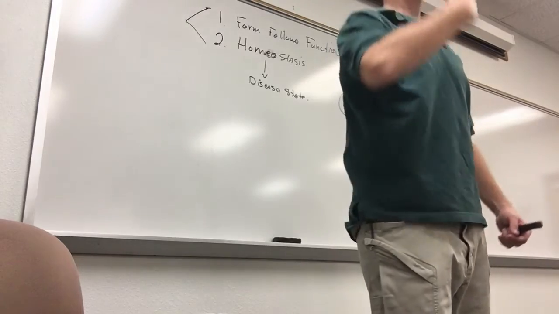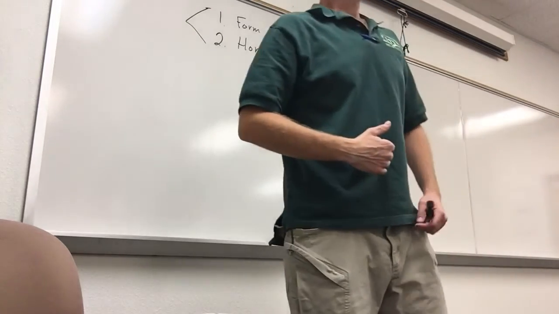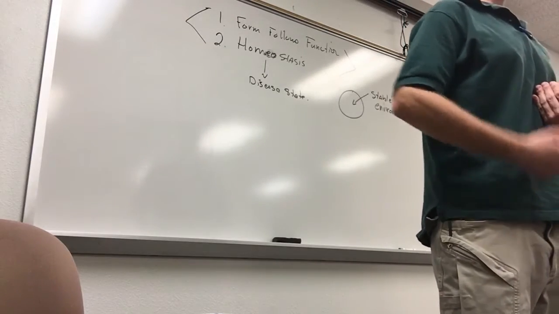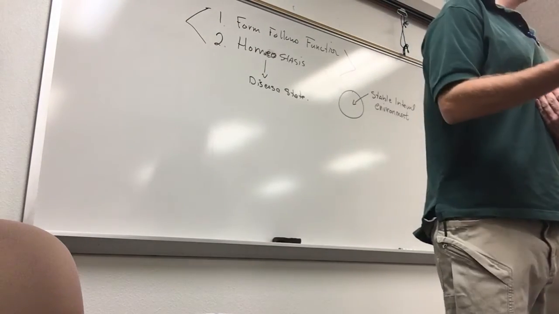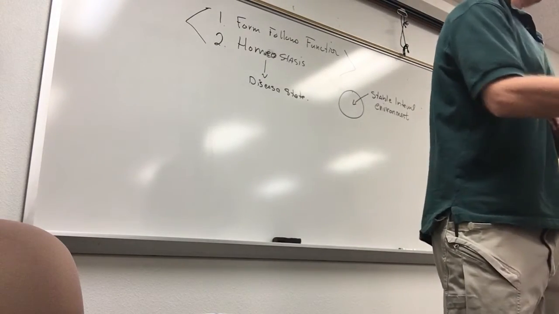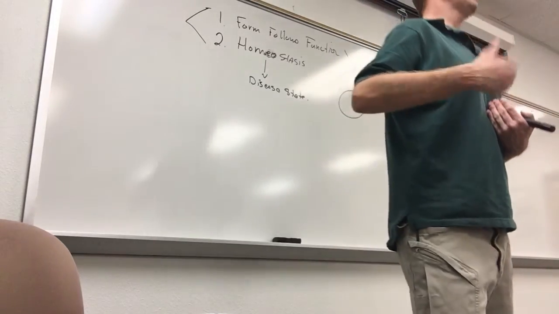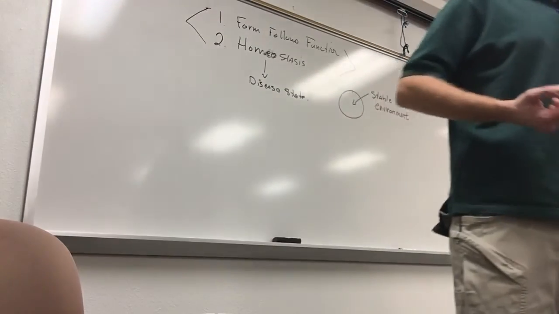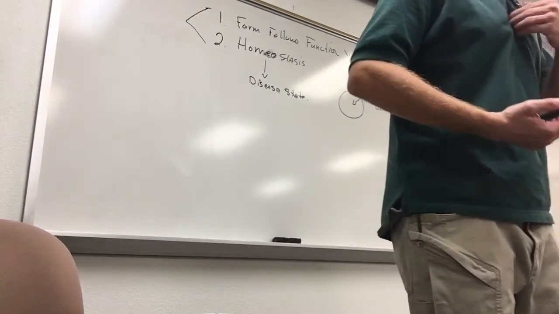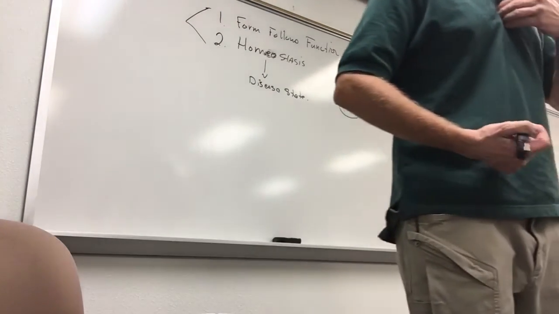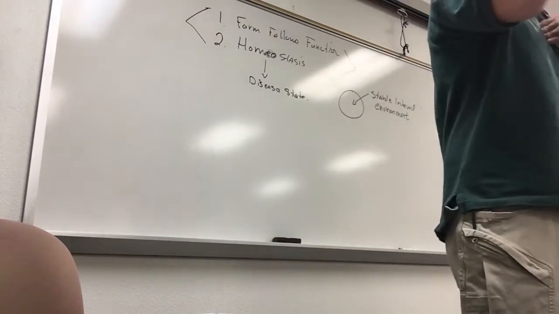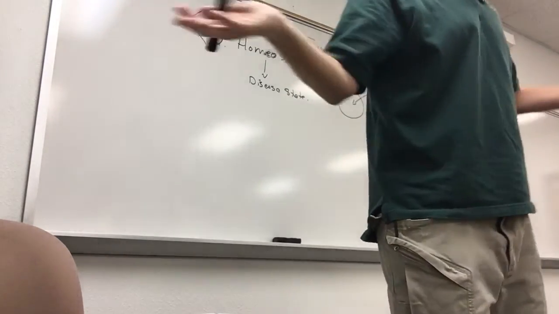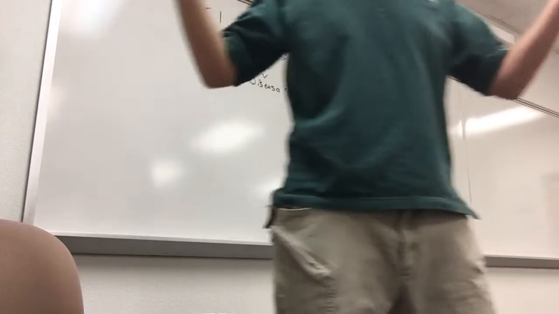Now, if a structure is closer to the midline of the body, we say that structure is medial. If that structure is away from the midline, we say that it is lateral. You guys okay with that? So if I compare my sternum to my ear, my sternum would be medial to my ear. You did the lab, so of course you're okay with that.